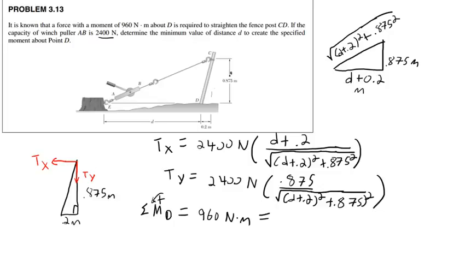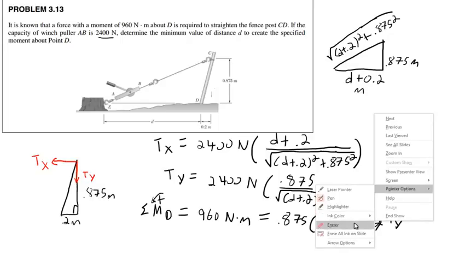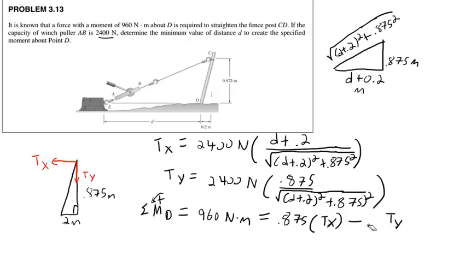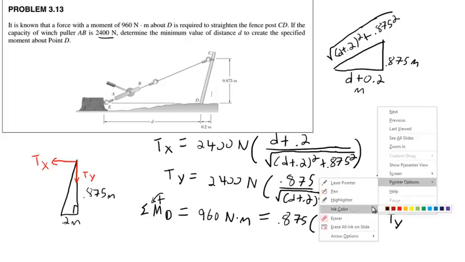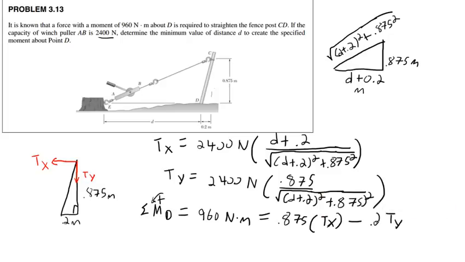So Tx is going to generate a positive moment about point D. So this is 0.875 times Tx minus 0.2 times Ty, like so.